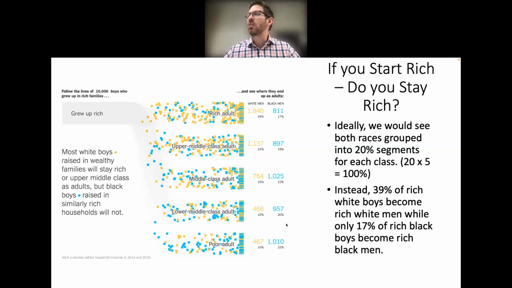So regardless of where you started, if it was a perfectly meritocratic society, we would probably see that 20% of rich boys stayed rich, 20% went into the middle class, 20% became poor. But we see that it is not a perfectly equal society: 39% of rich white boys stay rich when they become adults, whereas only 17% of black boys remain rich.